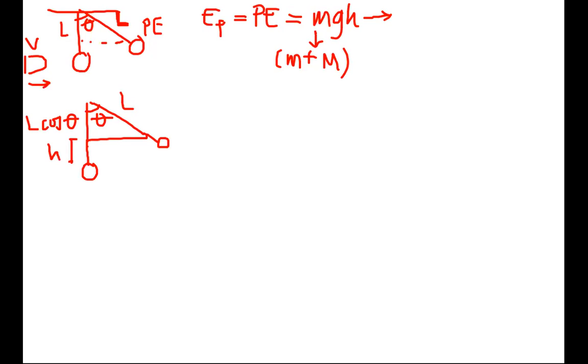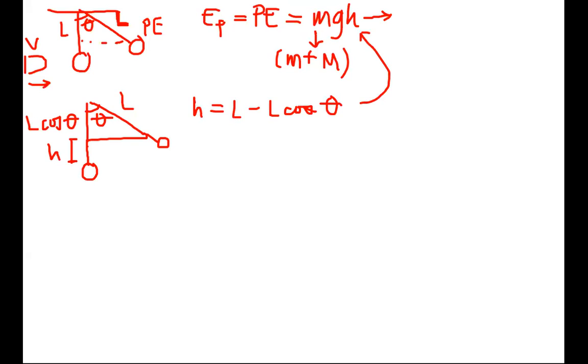Exactly. So our height would actually be the value of the string below that. So taking the full length of the string, height is equal to the full length L minus the distance above it, which is L cosine theta. So that would be our value of h in this equation here.